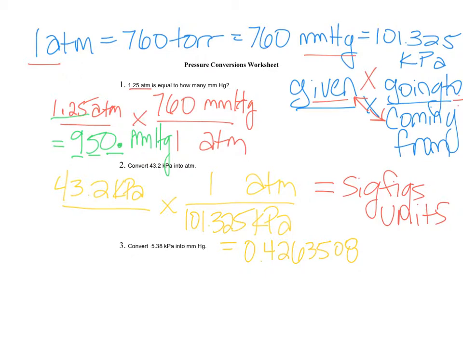So in this case, all right, my 43.2 has 3 significant figures. Remember that 0 is not significant. 4, 2, 6, 3 sig figs. Cut it off after there. 3 rounds down, we have 0.426 ATM as your answer.